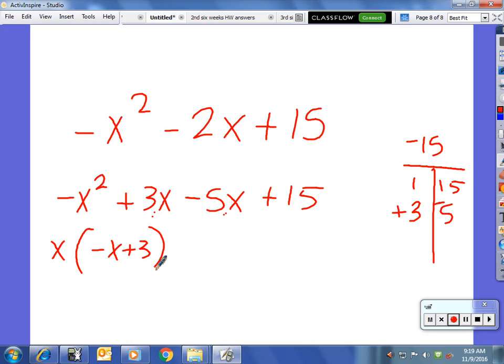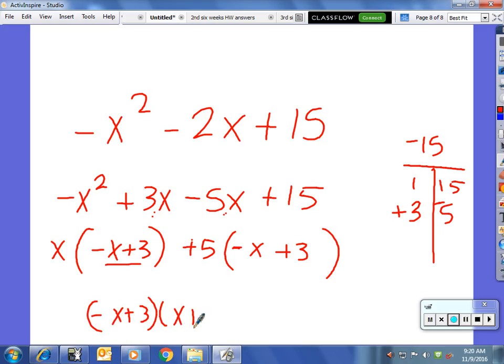Just a 5. Okay, so this is where it's a little tricky. I'm looking at what I want it to match over here. So I could take out a 5 and I'd be left with negative x plus 3. So then I could take out a negative x plus 3 and I'm left with x plus 5.